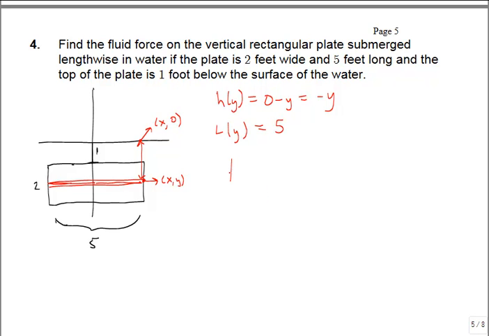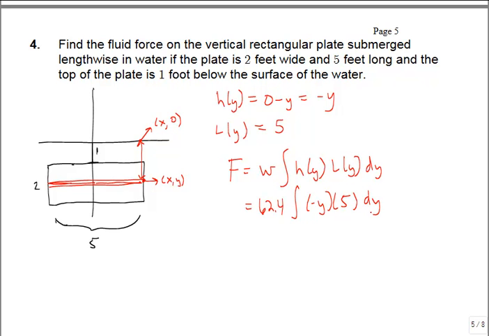So my fluid force is that weight density times the integral of our depth times our width, dy. We're talking about water again, so this is 62.4. My height was negative y, my length was a constant of 5, and then the tricky part here are going to be my bounds. So what do we want this y value to range from? It needs to go from here to vary throughout this plate.